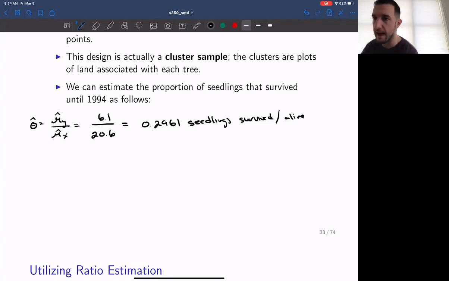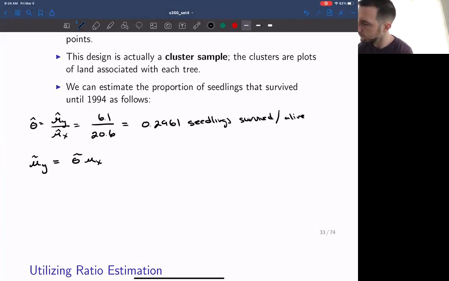To estimate the average number that survived the drought, we could use our typical ratio estimation approach: mu tilde y is equal to theta tilde times mu x. I guess this would actually be mu ratio.